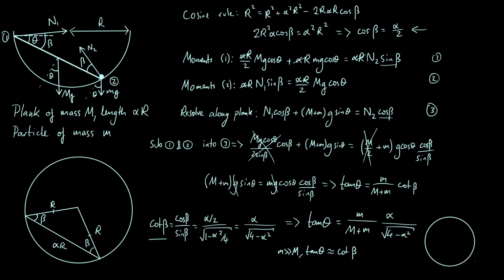Well, what's going on here is that if small m is really big, the particle is just going to go straight to the bottom of the bowl, right? That's what you'd expect to happen physically. So if we were to draw out another copy of this diagram, but when small m is really big, the particle would have just gone all the way to the bottom, and so we can draw a vertical line like that as one of our radii, and then there's going to be another line going up to wherever the other end of the Planck is, right?